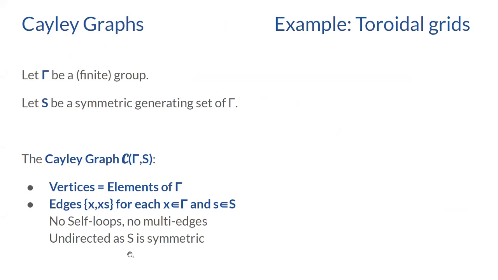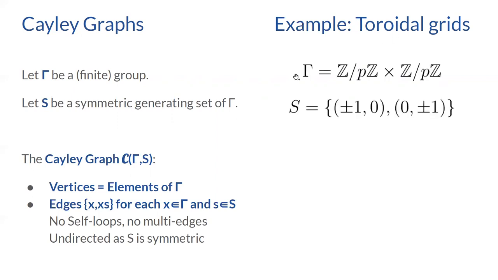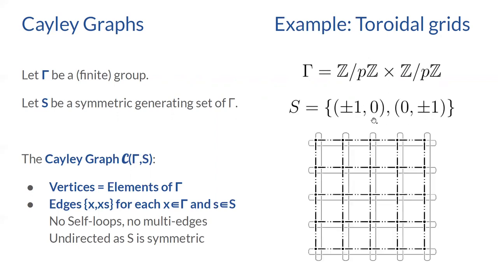This graph has no self-loops and no multi-edges, and since S is symmetric, we also assume the edges to be undirected. For example, and this will be the most important Cayley graph in this work, we can consider toroidal grids, where the group is the direct product of the group with p elements for prime p. That is, the elements are pairs between 0, 0 and p minus 1, p minus 1. And we take the four generators plus minus 1, 0, and 0 plus minus 1. And then this graph will look as follows.